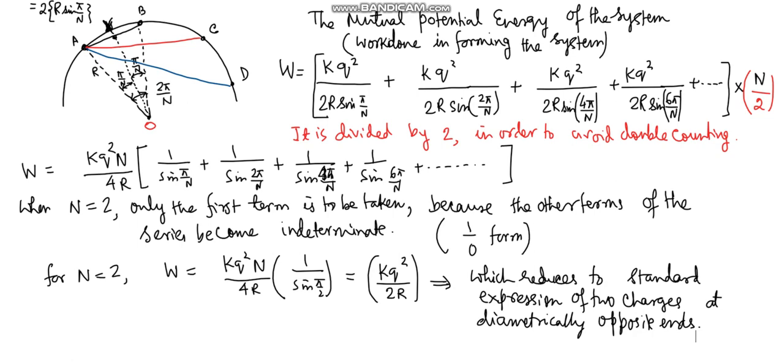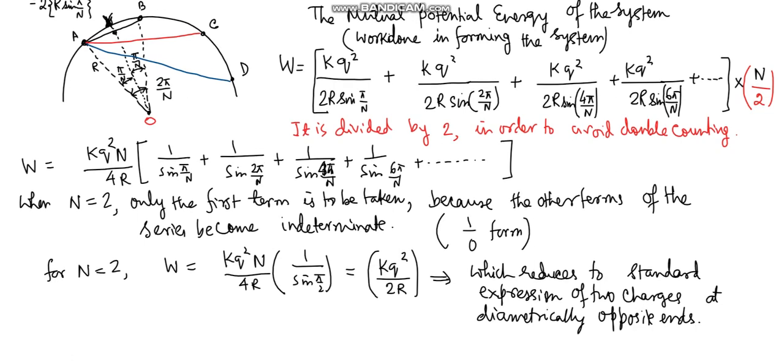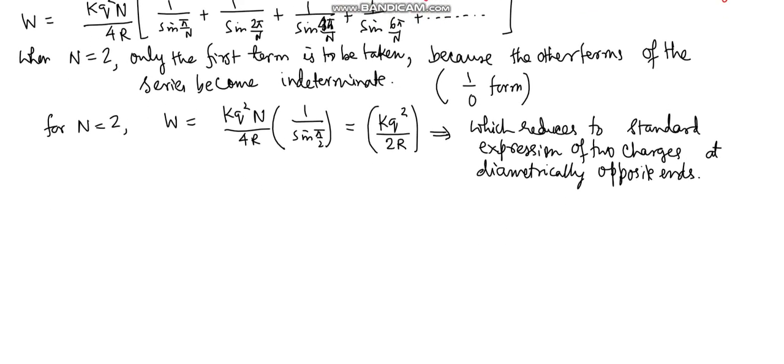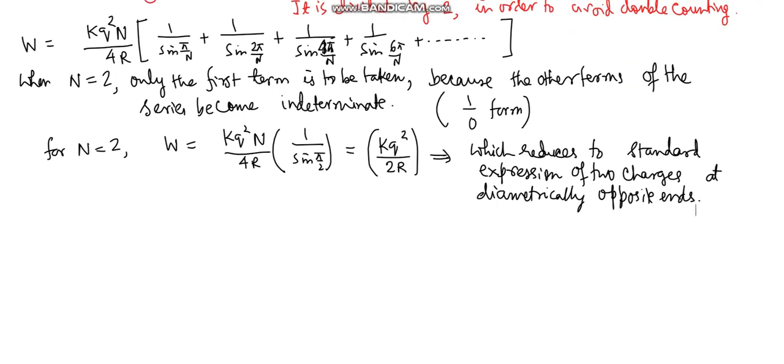Now let me try by putting n is equal to 3. Keep observing further. In the same series, I put n is equal to 3. Where should I put n is equal to 3? If I put it in the first, second, third, there won't be any problem. If I put n is equal to 3 in the fourth part, where sine 6 pi by n is concerned, it will be indeterminate.